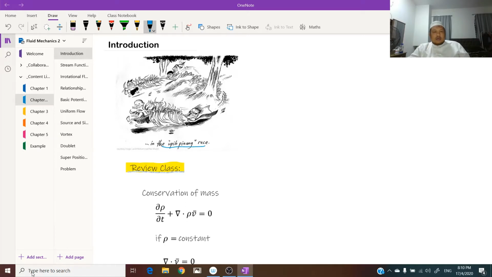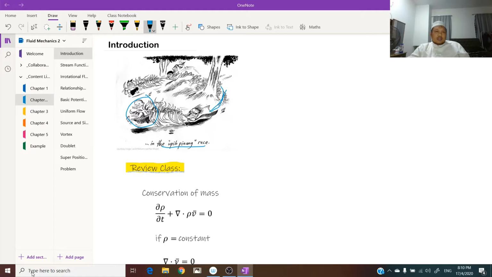If you look at this Upeh Pinang race, you see this guy run and at the same time pull this Upeh together with him, and we can see that behind the Upeh, they have one line.